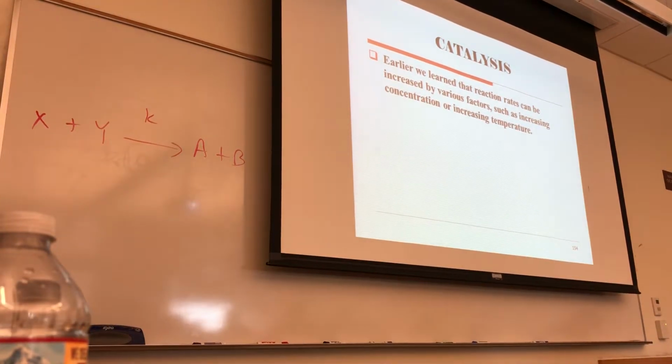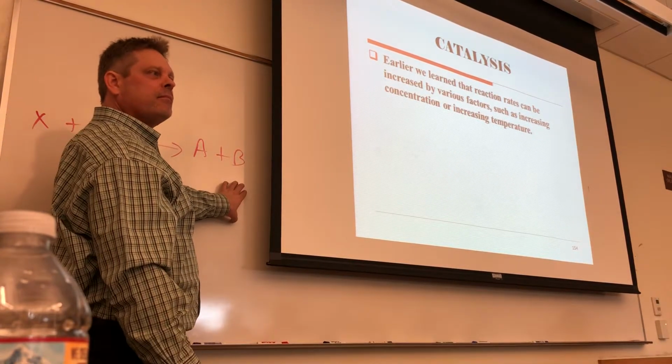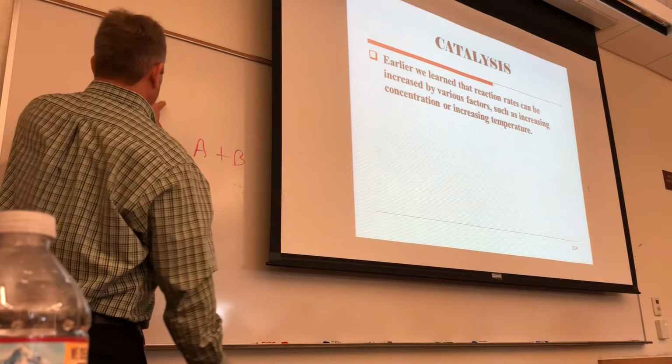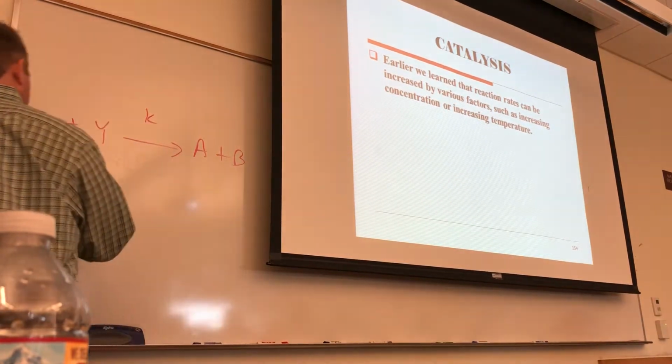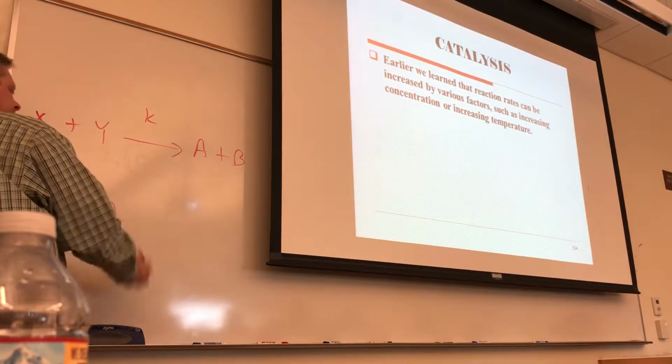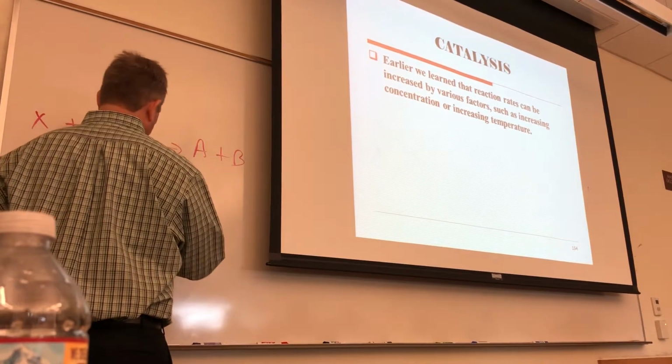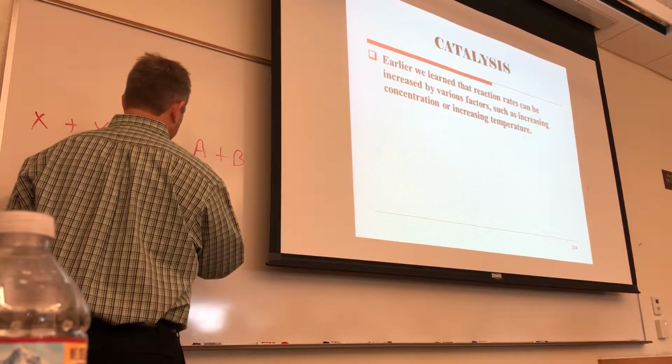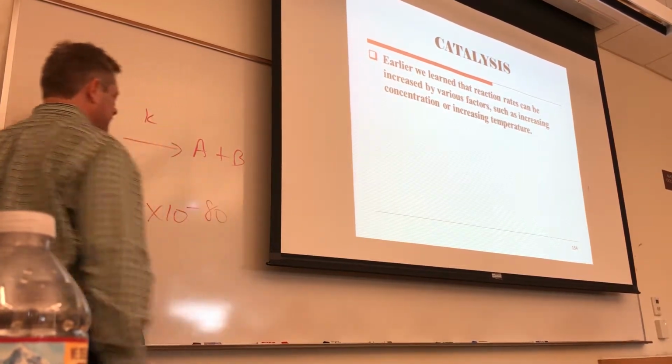So this could be favorable or unfavorable. It could lead to something positive that you want to happen or something negative that you don't want to happen. Let's take it in the context that we want this to turn into this. And so I have a rate constant, and let's say my rate of this is 1 times 10 to the minus 80.